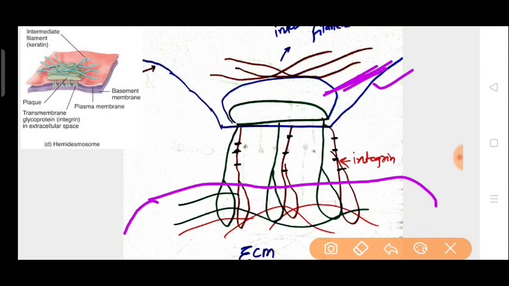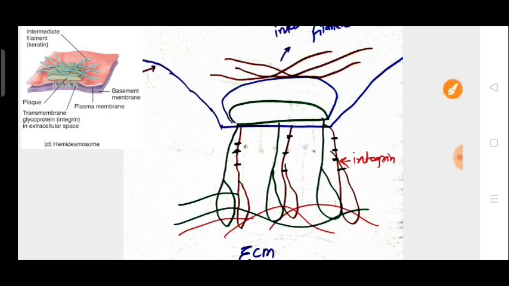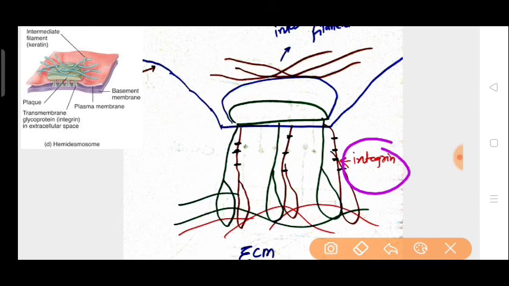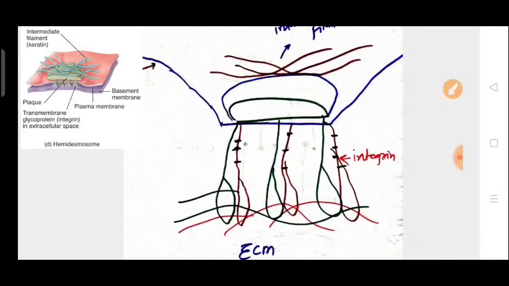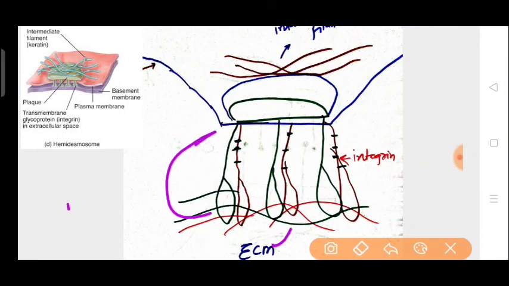Here the linker protein is integrin, not cadherin like the linker protein in the desmosome. So this is the basic difference. You can see here this is the ECM and this is the zone of basal lamina.